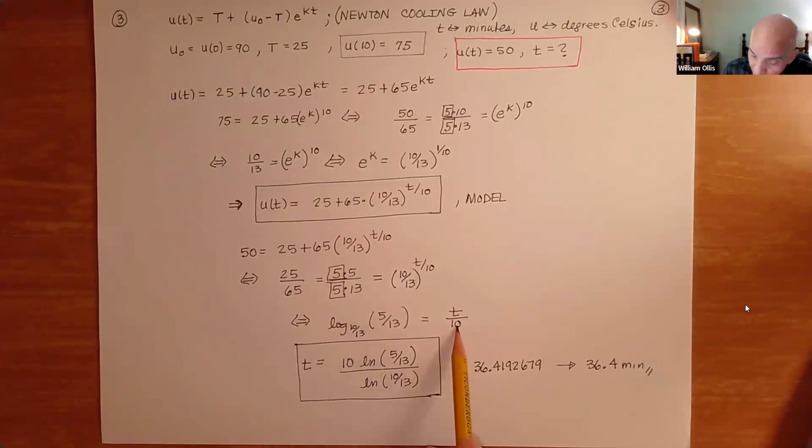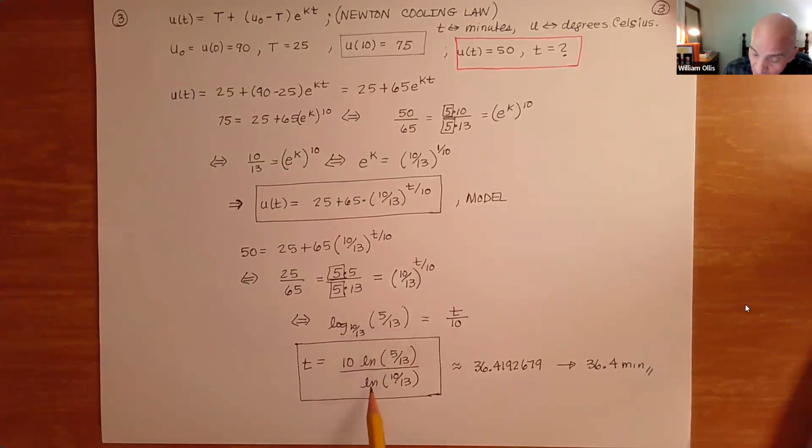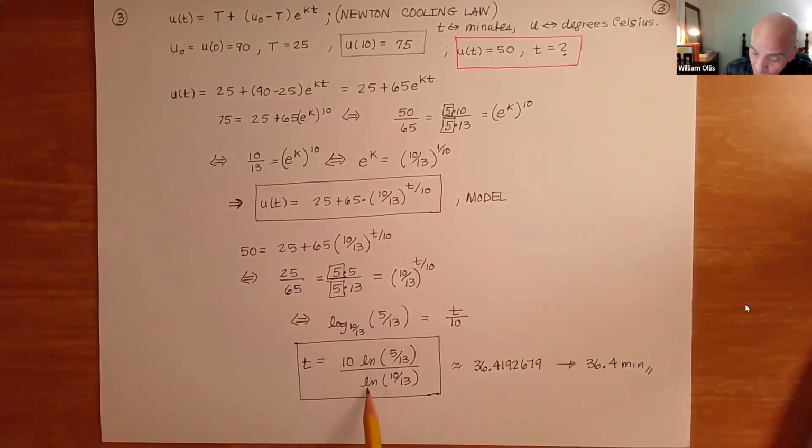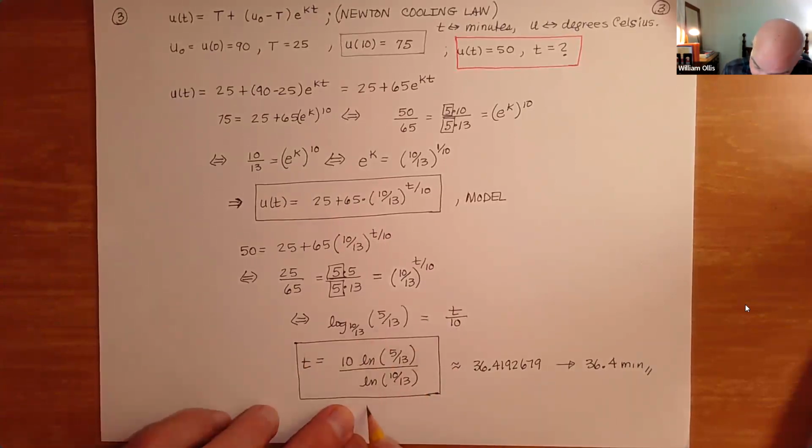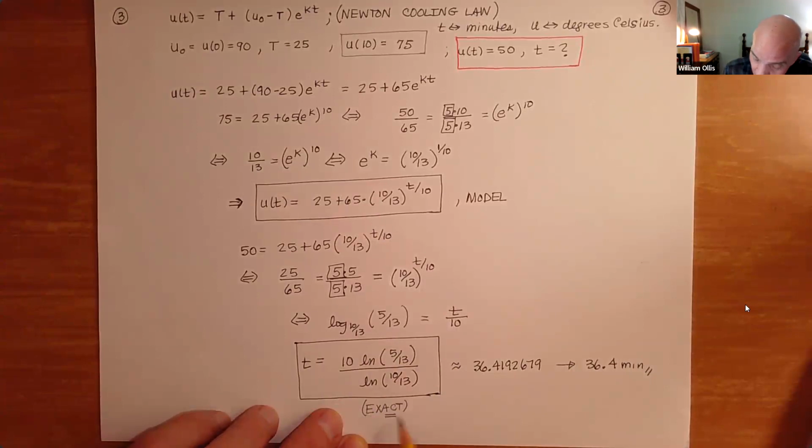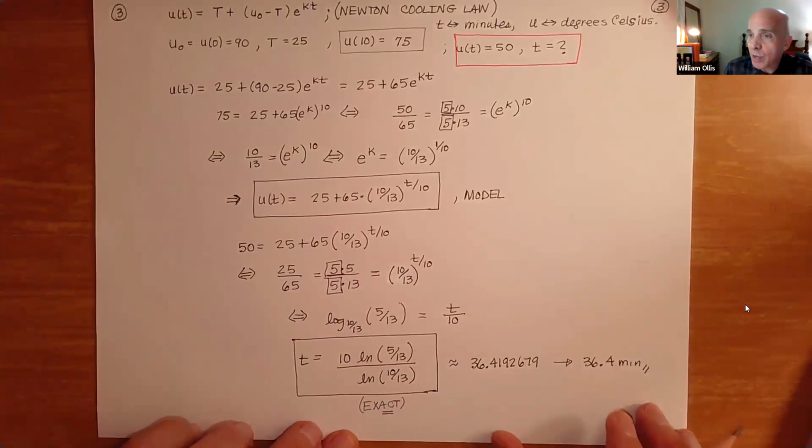And of course, we've multiplied by the 10 because the 10 is in the denominator. And then we take the new log base, the natural log of 10 over 13. So now what we see, just like with the last problem, we have an exact time. Now, of course, our client may need a number that's a little easier to share with their business.